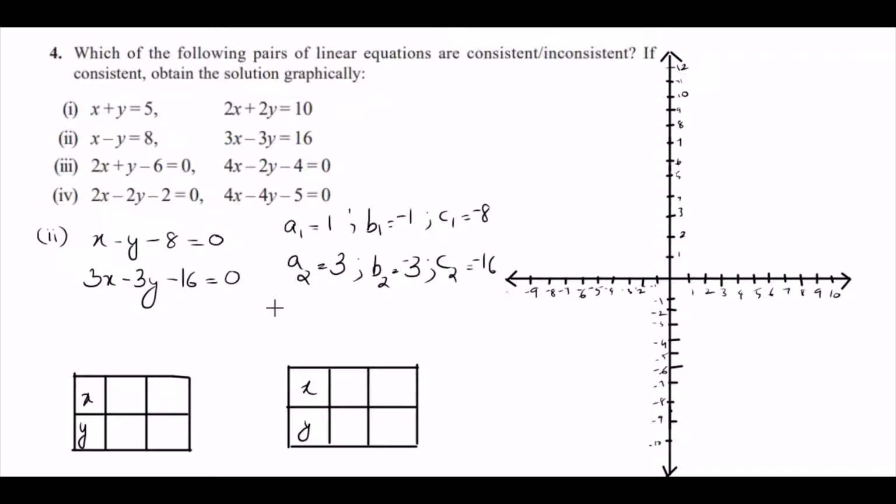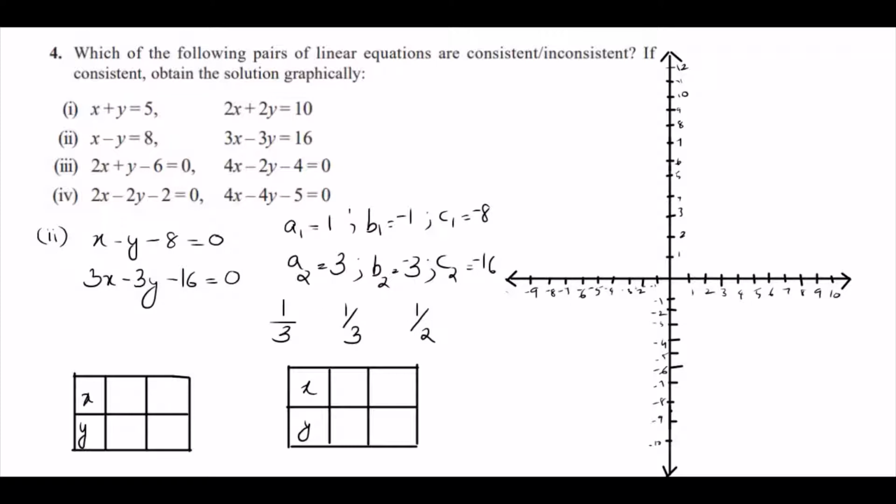When you compare the ratios, a1 by a2 is 1 by 3, b1 by b2 is also 1 by 3, and c1 by c2 is minus 8 by minus 16. 8 by 16 is 1 by 2, negative and negative will be positive.